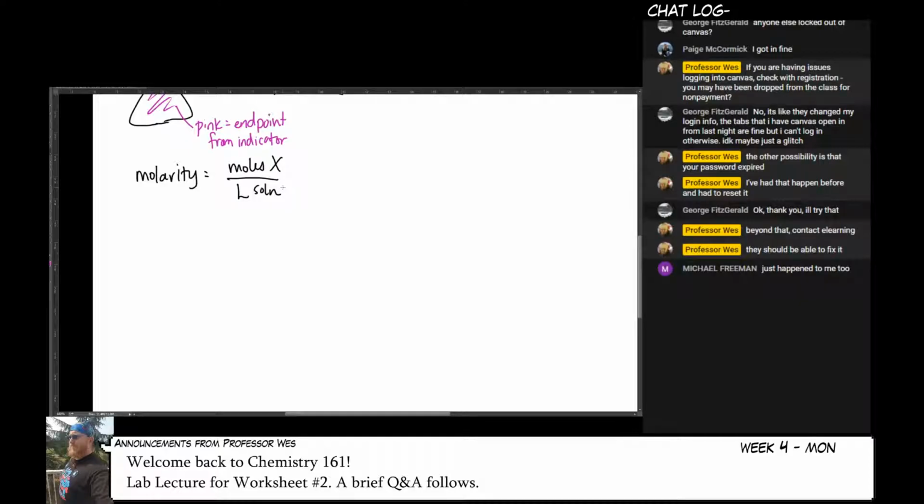The molarity of anything is how many moles of that something you have in there divided by its volume. And so I can rearrange this equation to say the molarity times the volume would be equal to moles of X that are in there. Or in other words, whatever the molarity of the substance we're looking at times the volume that we used of it is moles that we used.